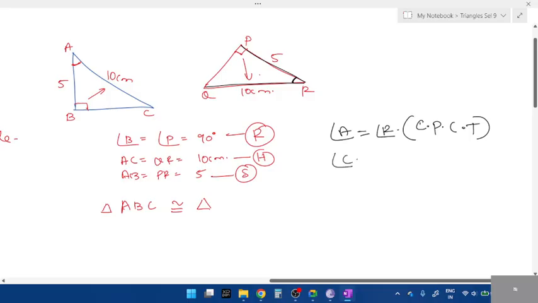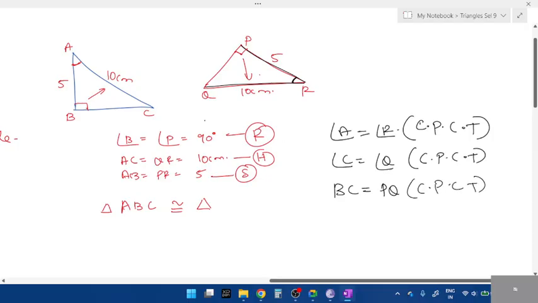Next, angle C will be equal to which one? Which is the other angle left, students? Angle Q, CPCT. What's the third side? BC will be equal to, which is the other side left? In the other triangle, PQ. Same reason, CPCT.